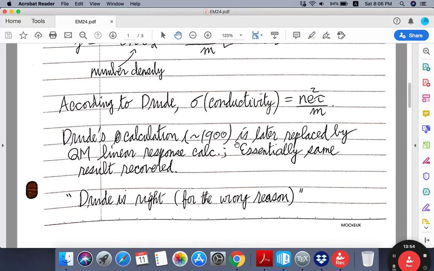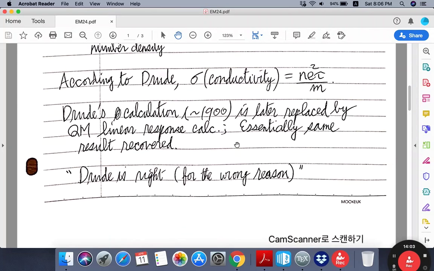So obviously, Drude knew nothing about the quantum nature of the electrons. So once quantum mechanics was discovered, this entire scheme that Drude laid out in the year 1900 had to be revisited and presumably revised.